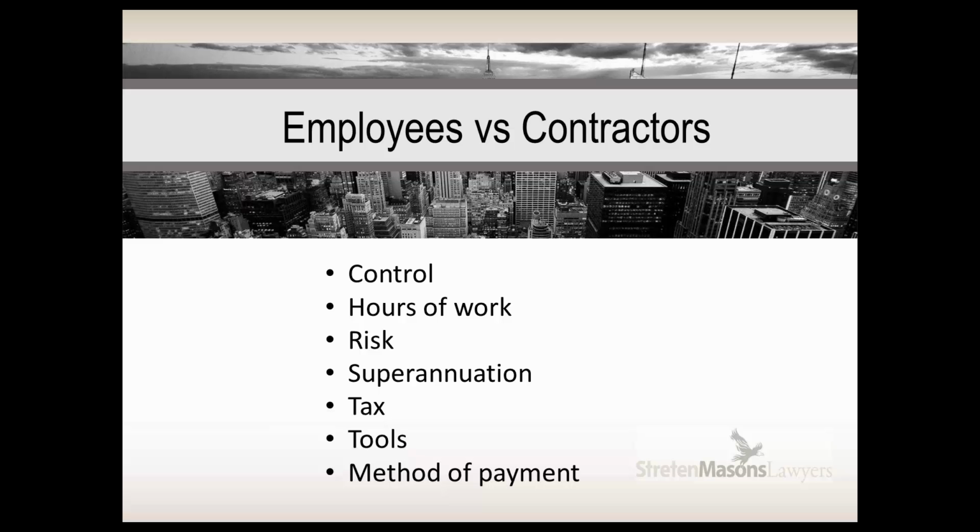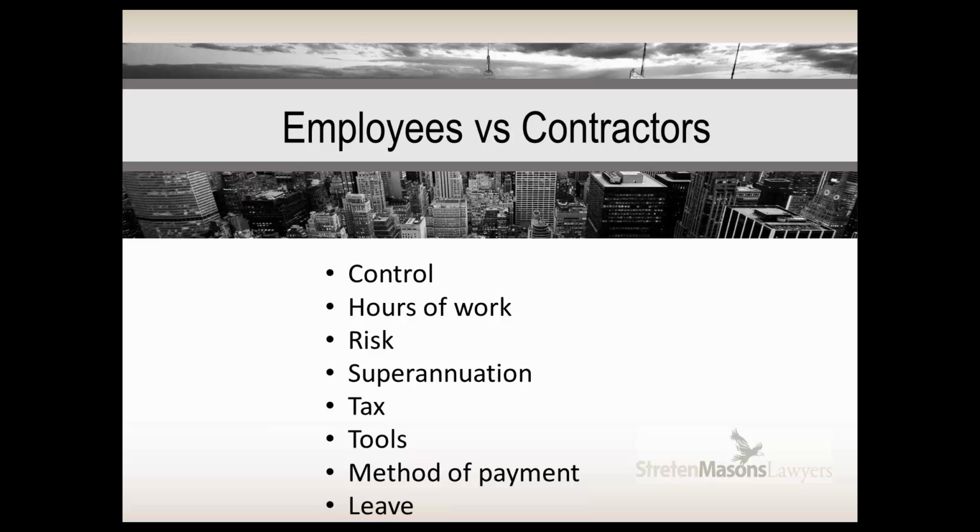The method of payment is the second last indicator. Obviously an employee expects every Friday or whatever it might be that they're going to get paid, whereas an independent contractor only gets paid once they issue an invoice, with an ABN on that, and then the terms of payment are as per agreed or as per their invoice, whether it be 14, 30 days, whatever it might be.